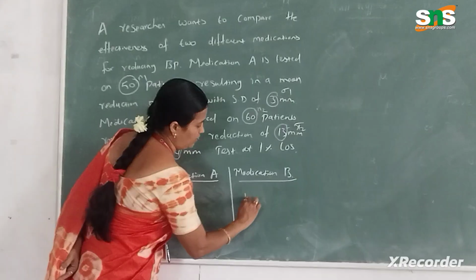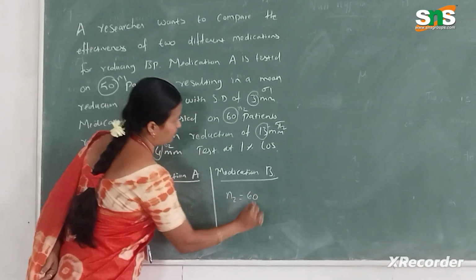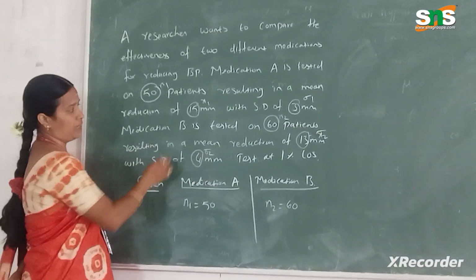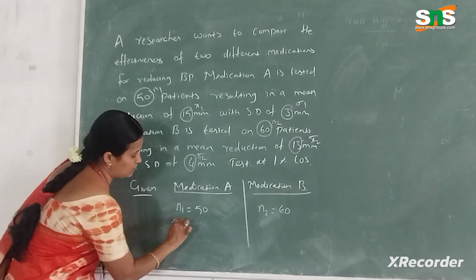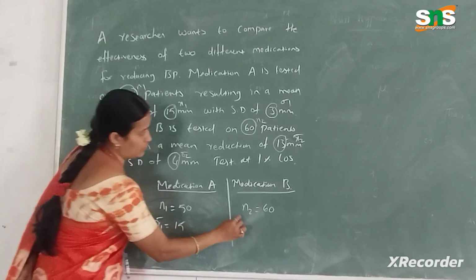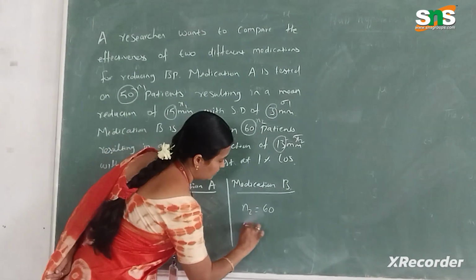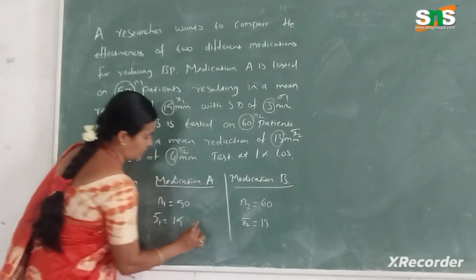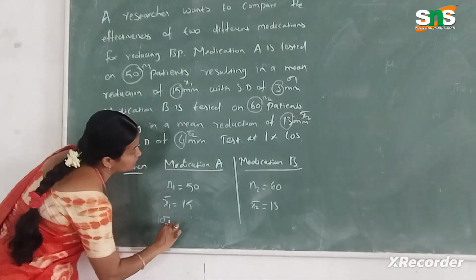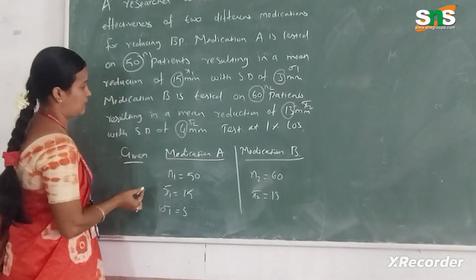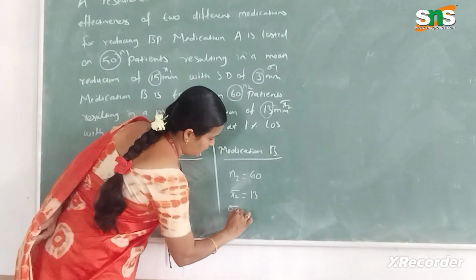For medication B, the sample size n2 is 60. Next, x1 bar is equal to 15, and x2 bar is 13. Sigma 1, the standard deviation, is 3, and in sample 2 the standard deviation sigma 2 is 4.